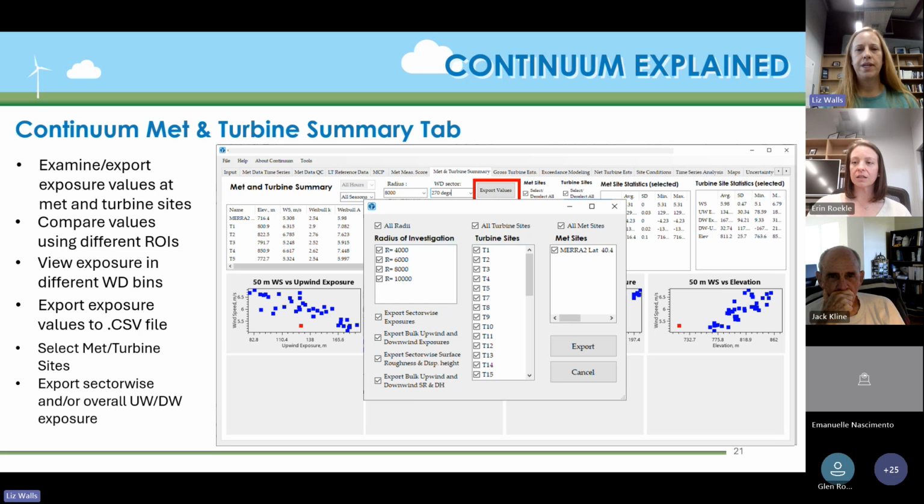So this is a really helpful tab, and I encourage you to explore it, to get to know your sites in terms of exposure. You can learn a whole lot about the wind farm that you're developing, as well as looking at where you sited your turbines, to look at what the exposure values are at the turbine sites compared to the MET sites. There's a whole lot that you can learn from this tab. Again, I encourage you to explore it and see what you can learn about your site.